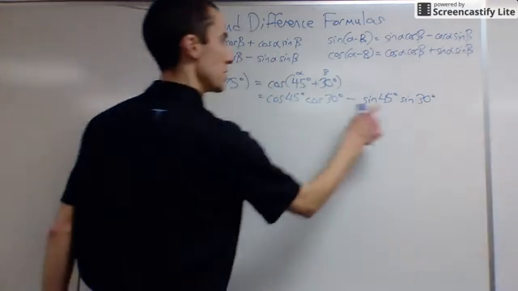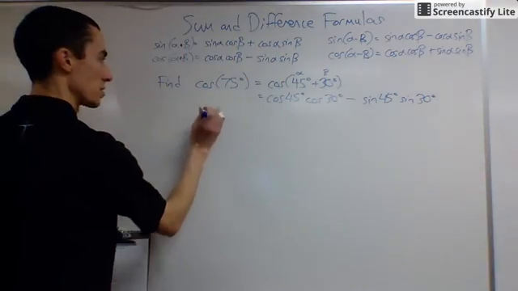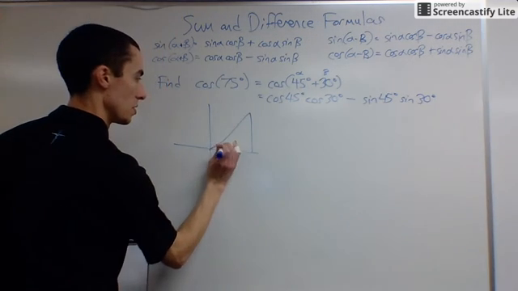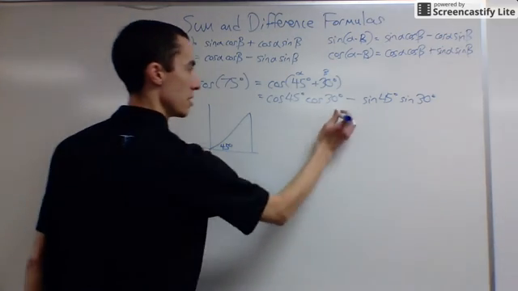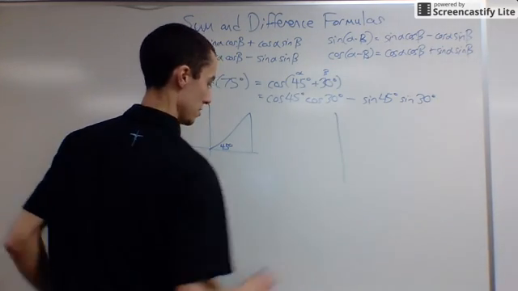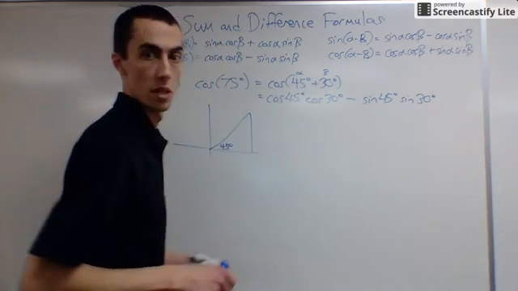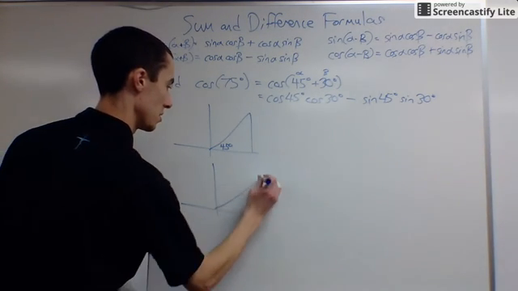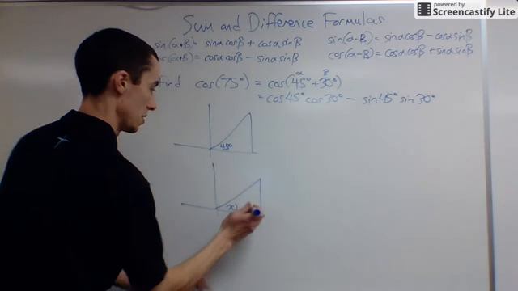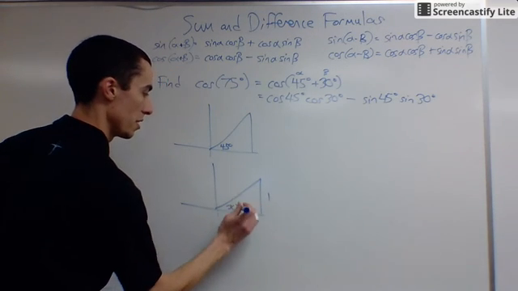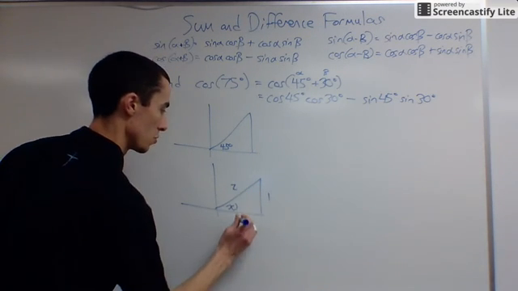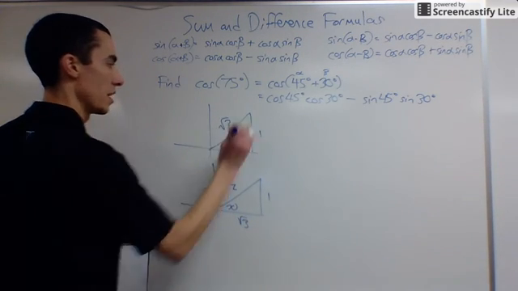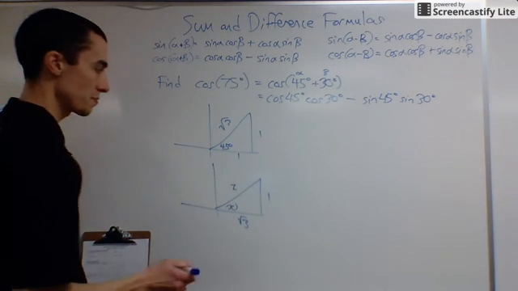So to find each of these, let's draw two triangles. One of them giving us 45 degrees, and another giving us 30 degrees. 30 degrees gives us a 1, 2, root 3, and the 45 degrees, a 1, 1, root 2.